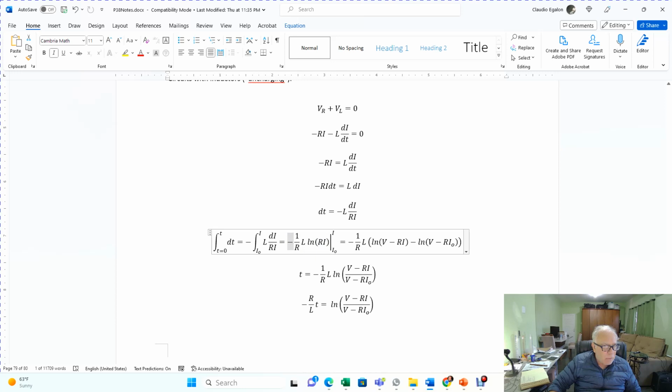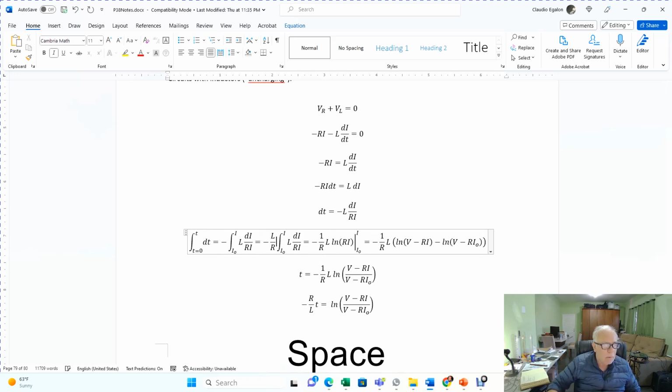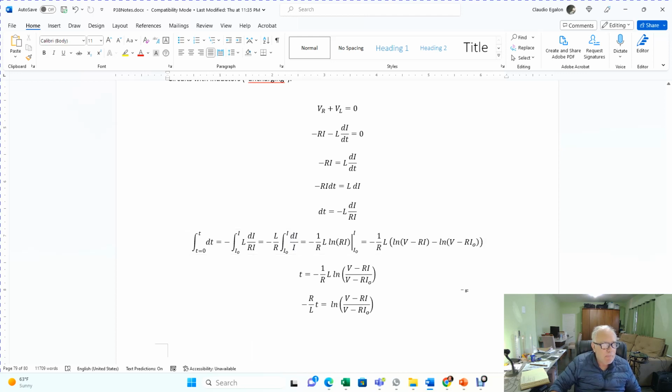We still have a negative from this term, and we end up with L over R like that, from I naught to I. We don't have this R here, but we do have L, from I naught to I. Apply the limits.